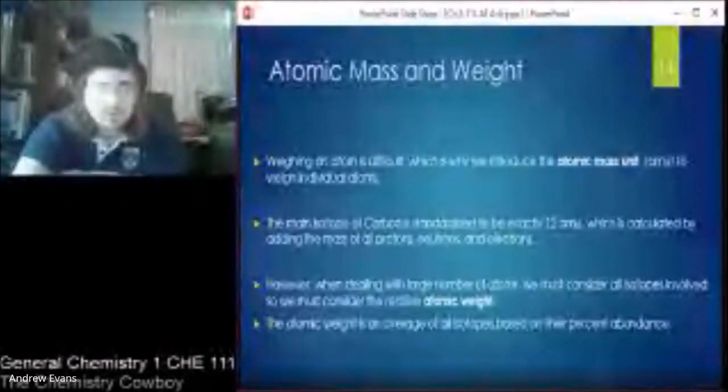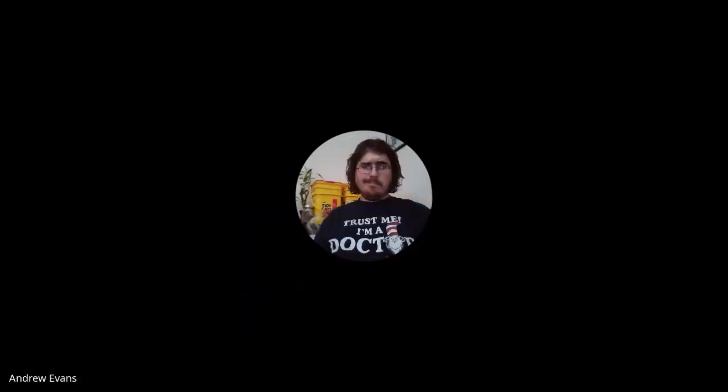This atomic weight is actually the weighted average of the isotopes. So for carbon, instead of being 12, which is how we set the AMU, it's 12.01, because in 1,000 atoms you factor in all the carbon 13s and carbon 14s.